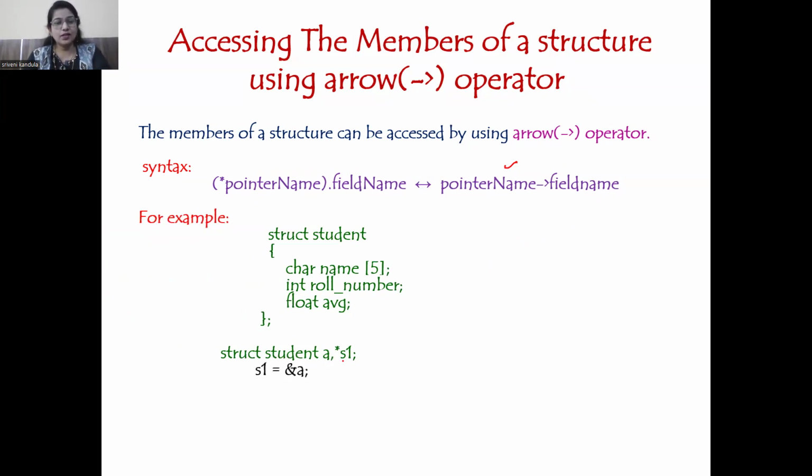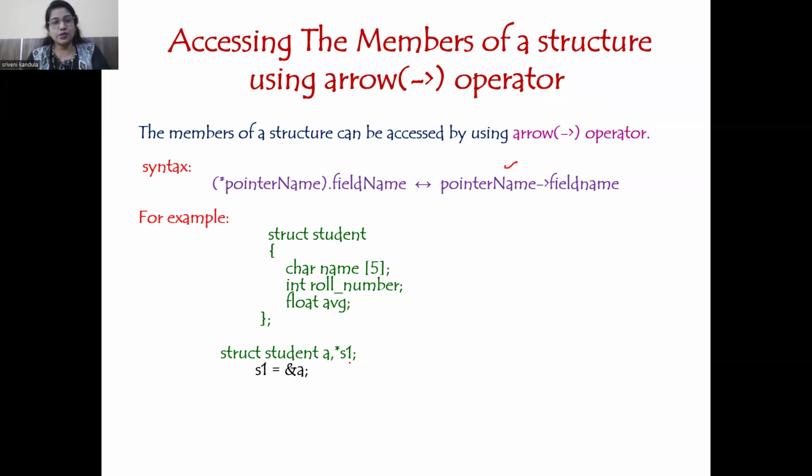So now let us initialize the pointer S1 with the address of A. Both are structure variables only, but A is a non-pointer, and S1 is a pointer variable. That difference is there. To access the members of this structure using A, you can use the dot operator. To access the members of the structure using the pointer S1, you have to use an arrow operator.